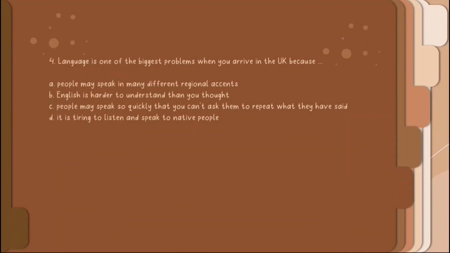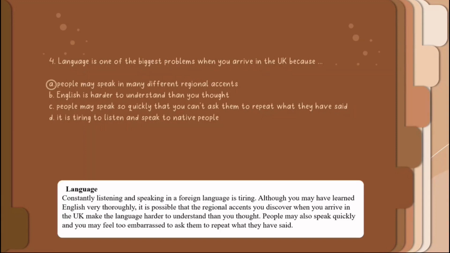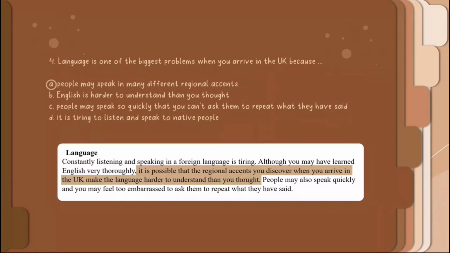Question 4 is also the same type of question. So the answer is A. So as you can see here, if we use the technique that I've mentioned earlier, A is the correct answer, so it's a tick.